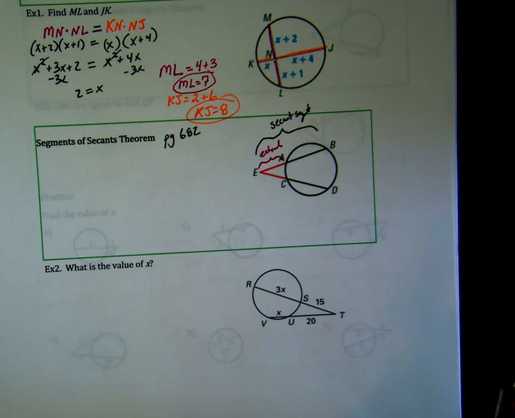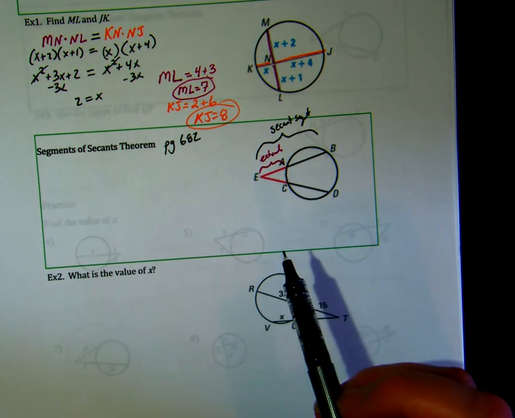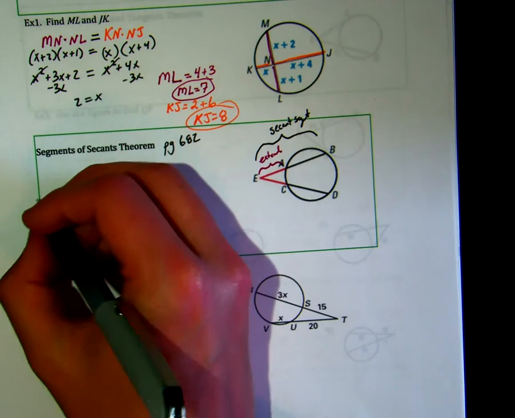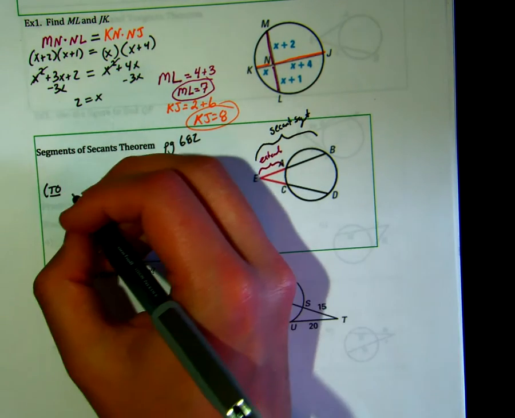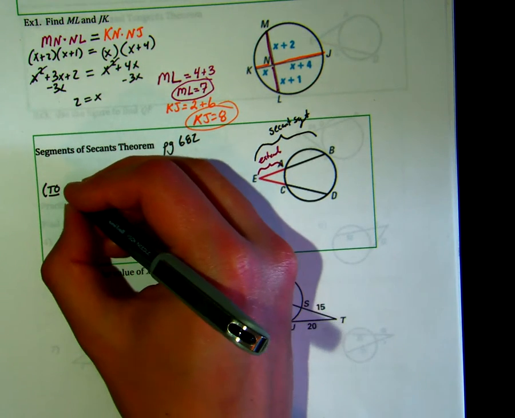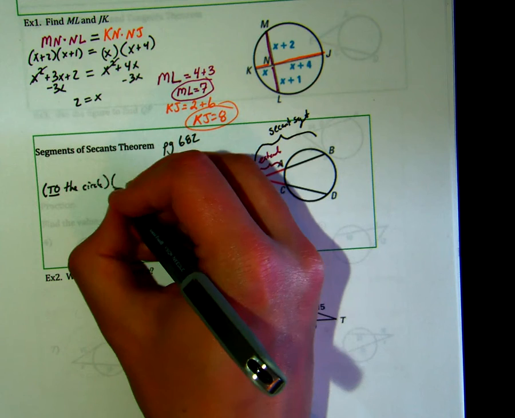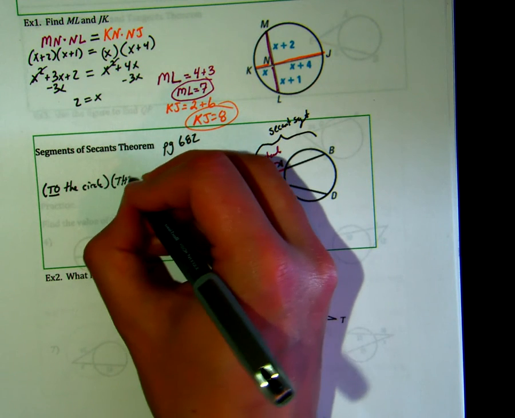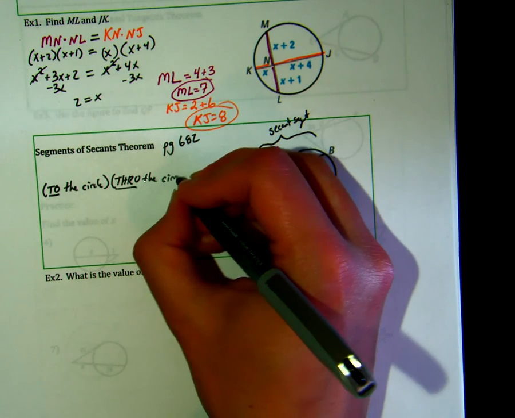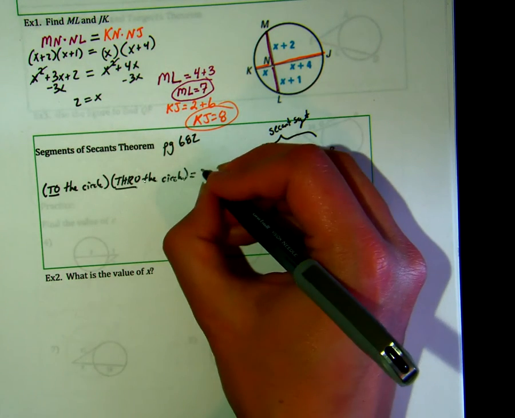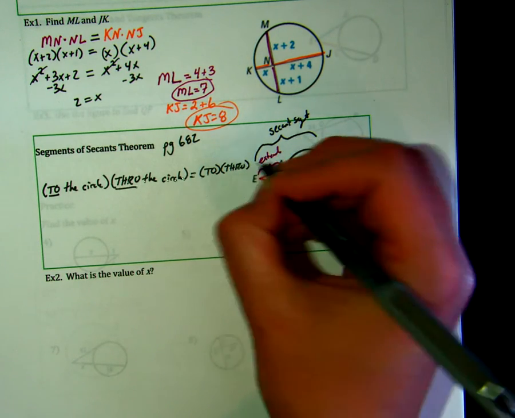And so what I do to remember this, looking at the individual secant segments, is I say to myself that the length to the circle times the length through the circle is equal for both segments.